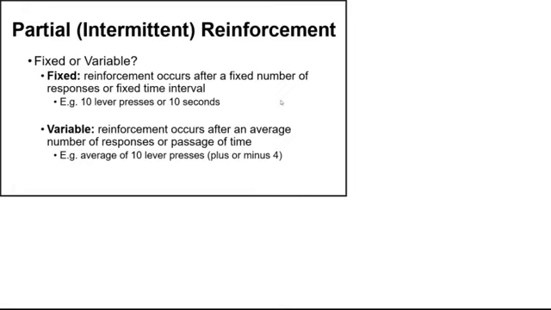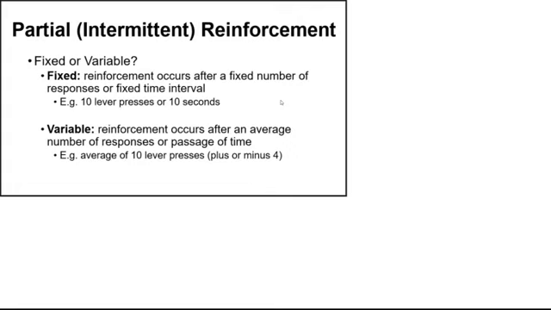But if we have that wiggle room introduced, if we have some variability, we can have variable reinforcement. So reinforcement occurs usually after an average number of responses or an average amount of time. We'll usually see this reported as the rat receives food on average after 10 lever presses, and then there's usually brackets that say plus or minus a certain amount.